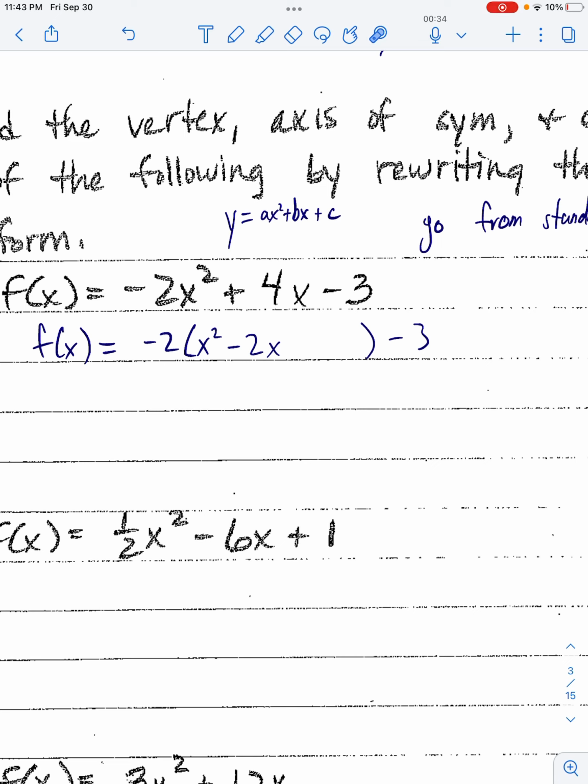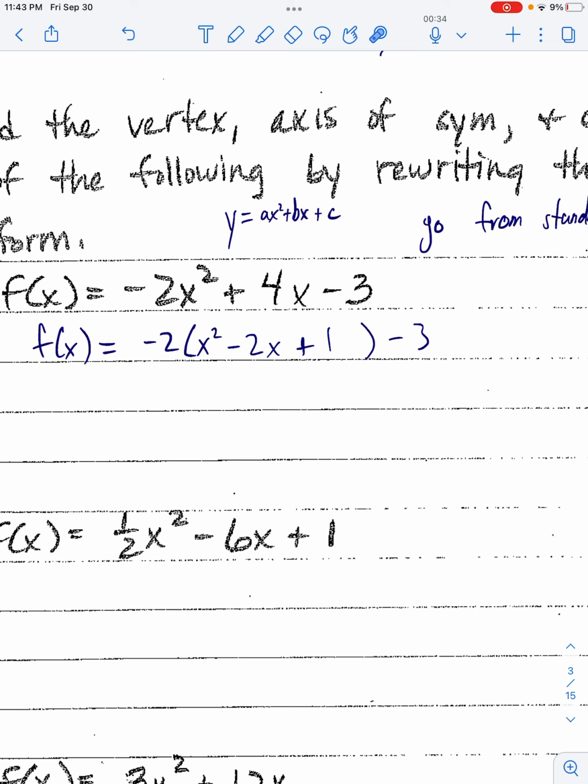Second step, I look at the number that's right next to x here. I divide it by 2, so -2 divided by 2 is -1, and then I square it. -1 squared is +1. And I'm going to add +1 here inside my parentheses. What I just did is I didn't just add +1 to this equation.